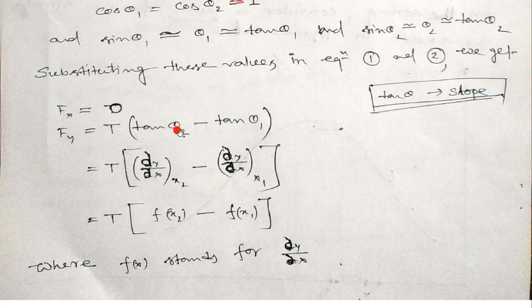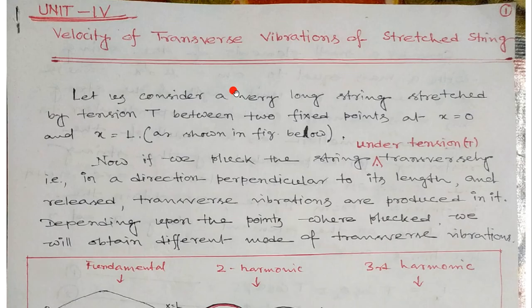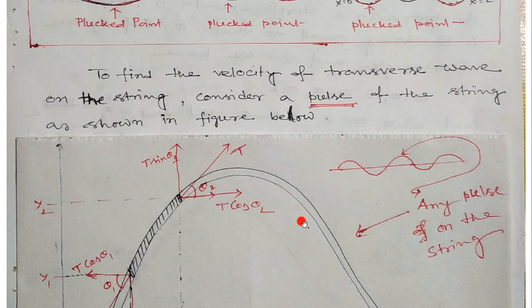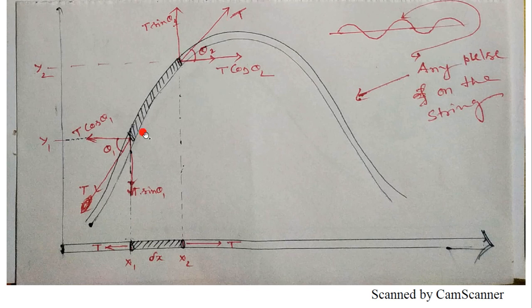Again, tan theta represents the slope of a curve at a particular point. So, tan theta 2 represents the slope of this curve, of this pulse, at x equal to x2, and tan theta 1 will represent the slope of the curve at x equal to x1.